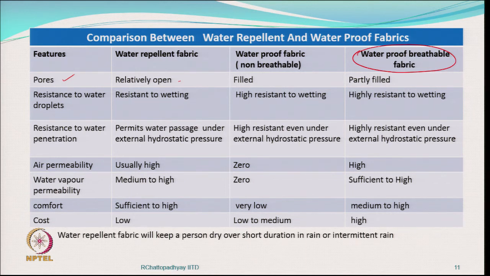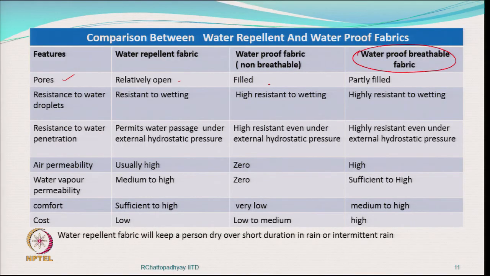So, waterproof fabrics will make the person suffocate, because anything that is coming out from our body in the form of vapor that we produce continuously from our skin will not be able to escape. So, therefore, it becomes non breathable in nature.